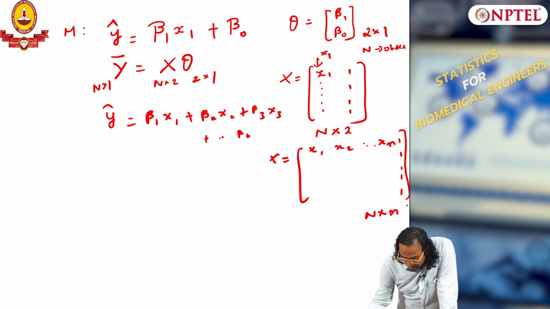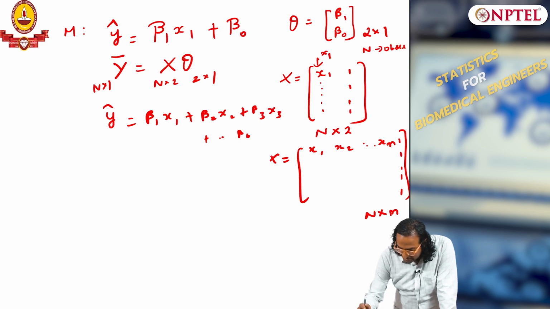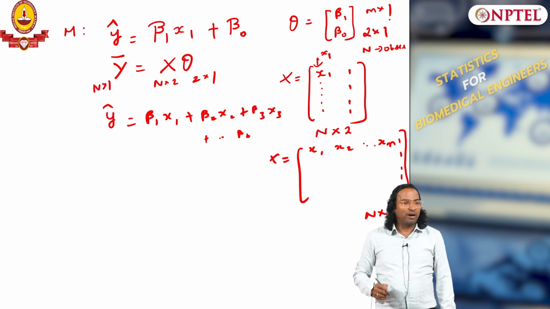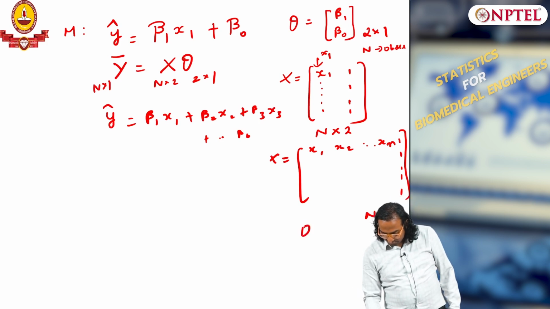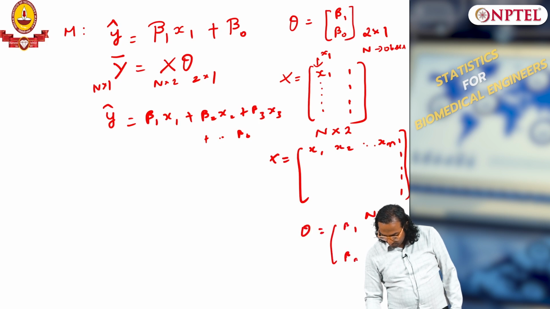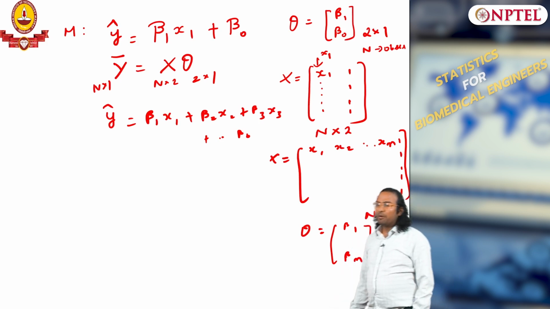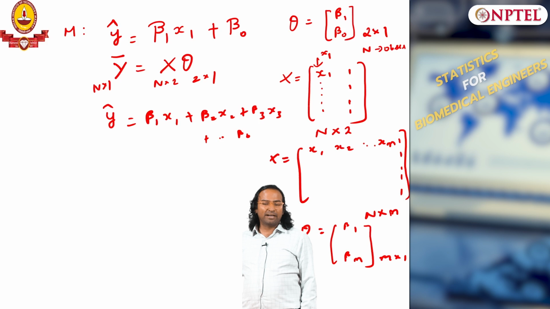So, this becomes an n cross m matrix, and what will be the parameter size? Parameters will be m cross 1. If I extend it in this case, the parameter will be beta 1 up to. So, I can easily extend this to a multivariate form as well, if I write it in this matrix form.